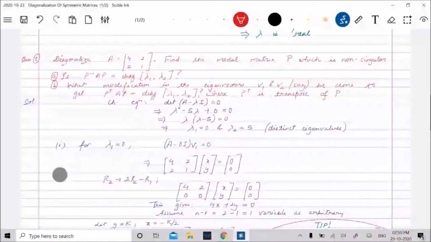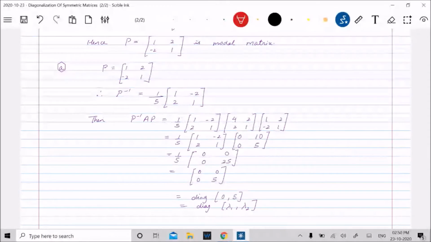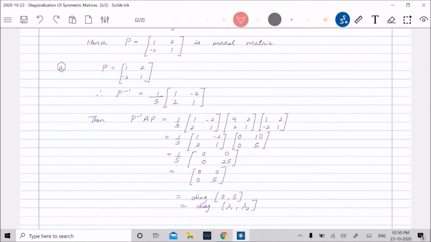Is the first part clear to all of you? We're actually getting P inverse A P equal to diagonal. It means that this modal matrix P is working here, of course. Fine. Now the second question is something else.